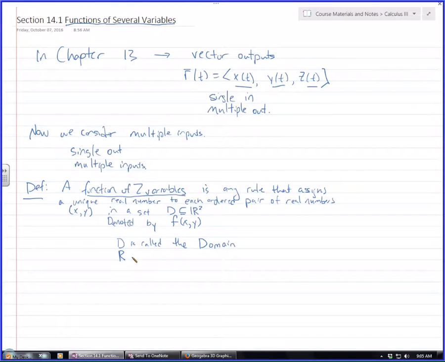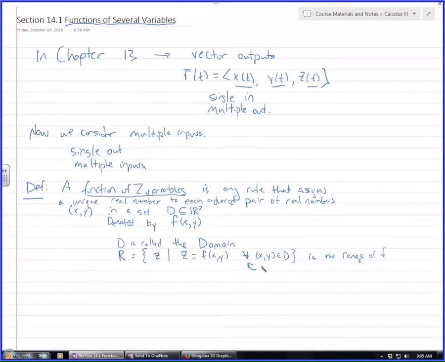R, which would be the set of all z's, such that z is some f of x, y output for every x, y inside D. Just a fancy way of me writing the set of all outputs, but that's called the range of f.